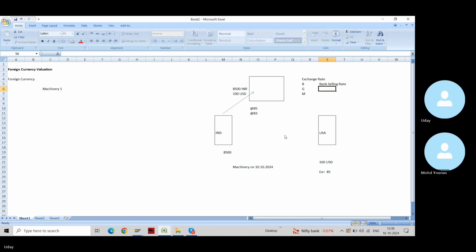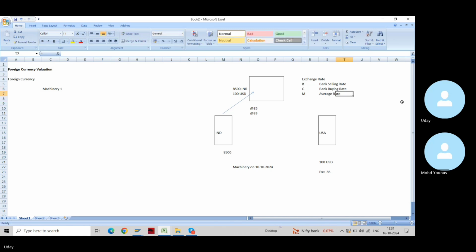If you go to any currency exchange center, you can find these rates. Bank selling rate and bank buying rate are different. Definitely, the bank selling rate will be higher than the bank buying rate because they put some margin above the buying rate. The average between the bank selling rate and bank buying rate is called the average rate.